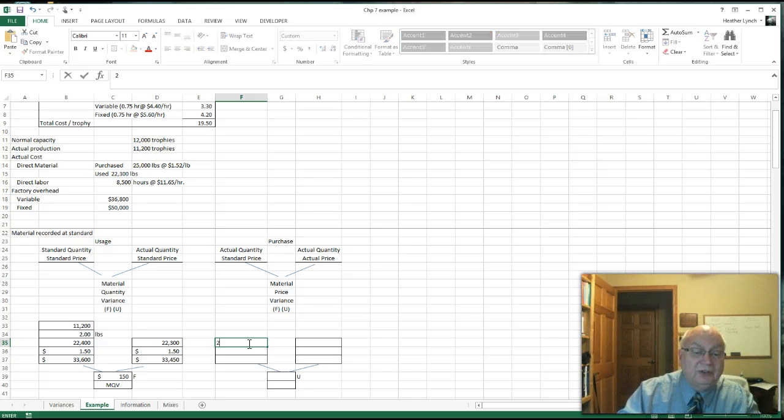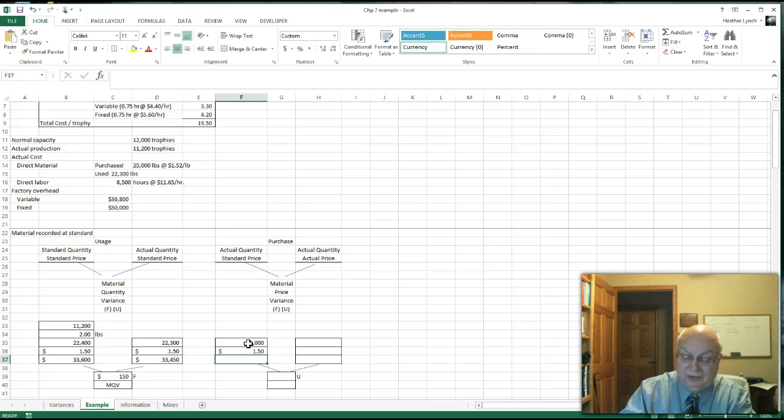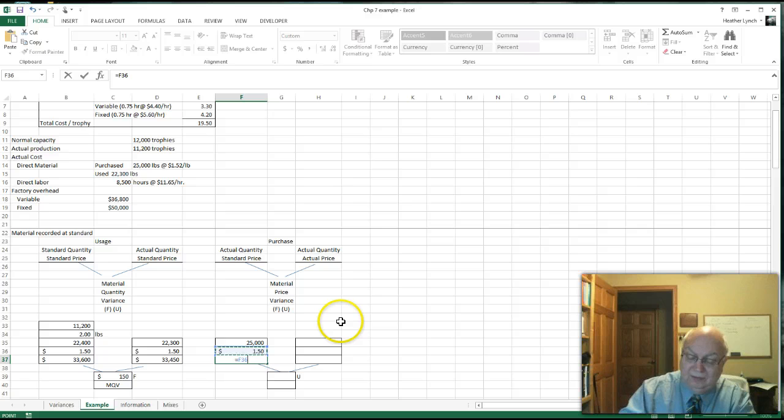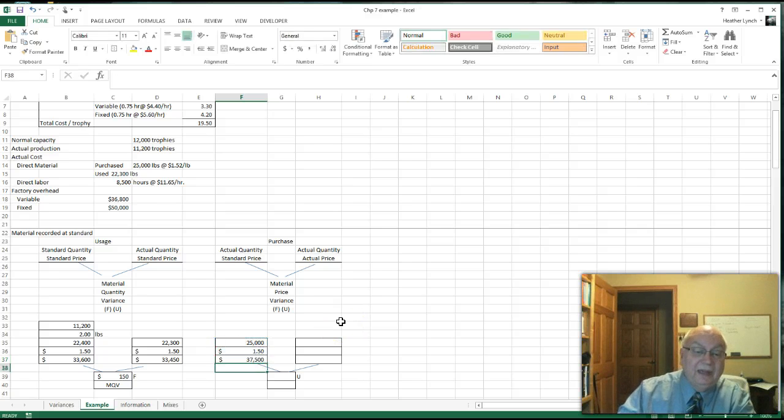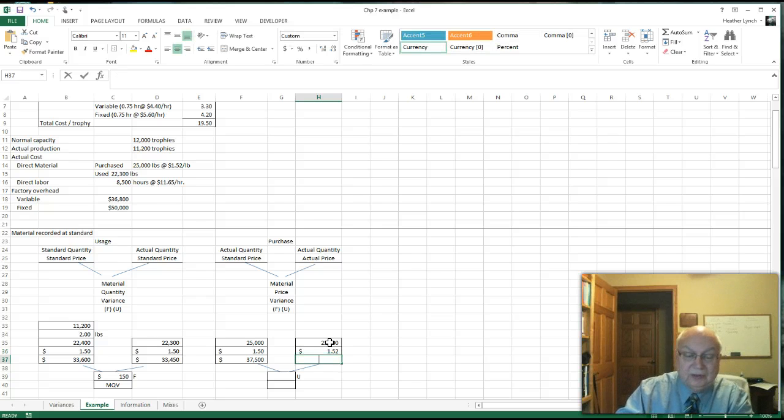Now for the purchase, we purchased 25,000 pounds. Standard was $1.50. So we take the 25,000 times the $1.50, and we get 37,500. We actually paid, if we look up above, $1.52. So we take 25,000 times $1.52, and it's 38,000.